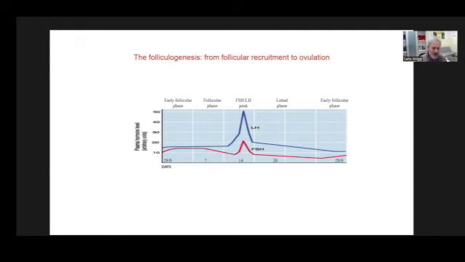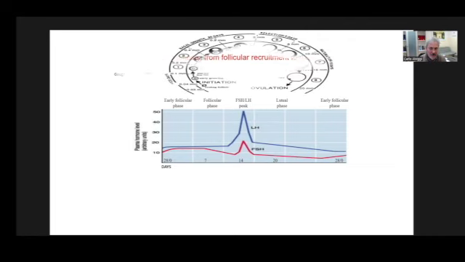But let's imagine altogether the follicles as waves that move. And I need an example. I usually prefer to give examples that can help us to have clear ideas on the process.